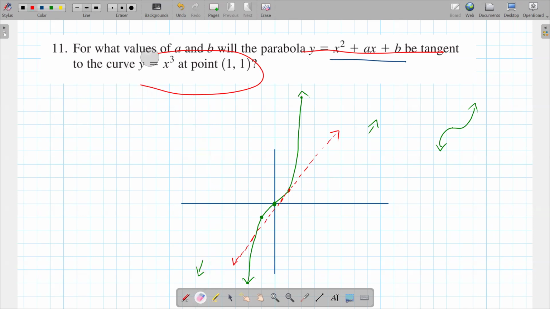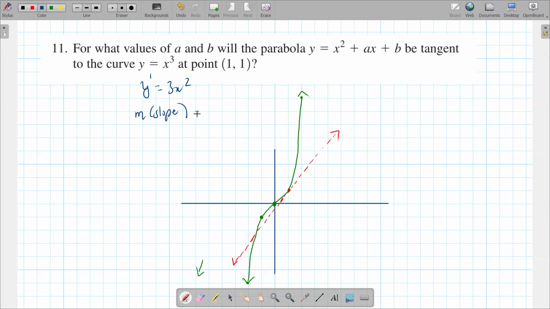You take the derivative, that'll give you the slope function, and just plug in the x value. That's it. If this is y, what's y prime? 3x squared. So at the x value of 1, what's our slope? It's 3. So we know the slope there is 3, right?